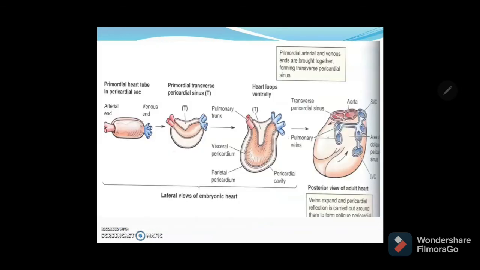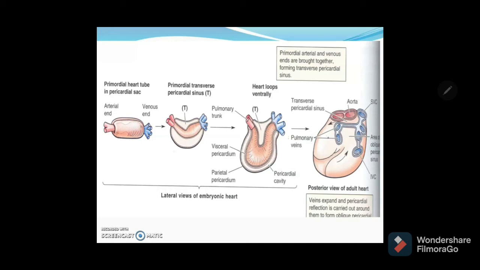In the next pic you can see here, during development you have this arterial end, venous end, and heart undergoes the loop formation, that we call it as bulboventricular loop, and here the dorsal mesocardium degenerates, giving rise to this transverse sinus between the arterial end and venous end.